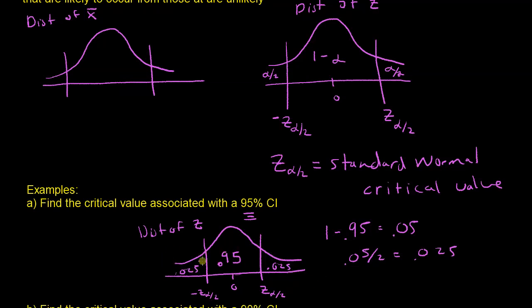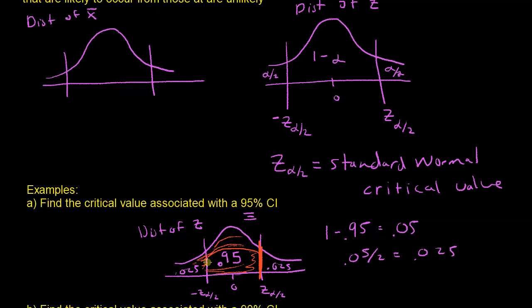Good. What I'm trying to figure out is what z alpha divided by 2 is. What is this cutoff? I'm going to have to use my table. I'm going to look for the value for which the area behind that value is 0.95 plus 0.025.